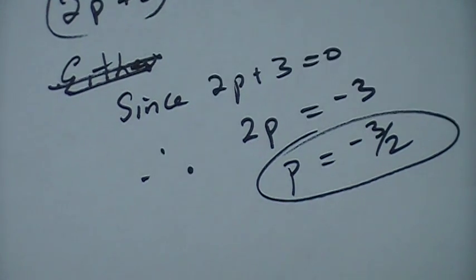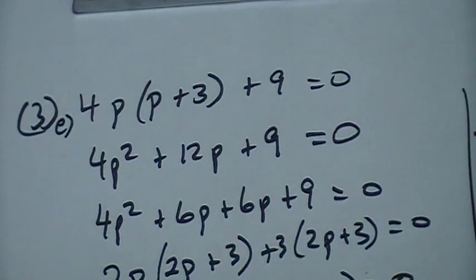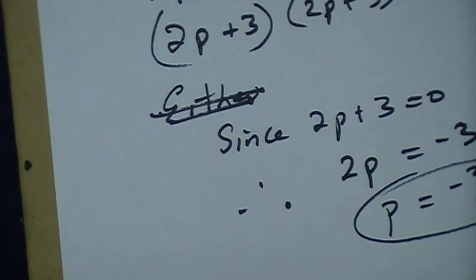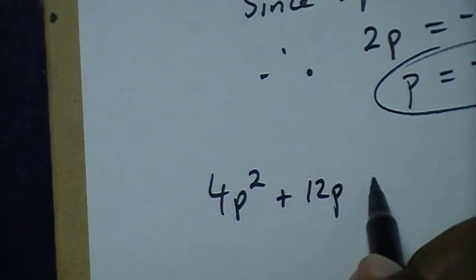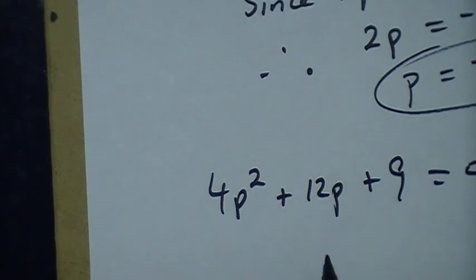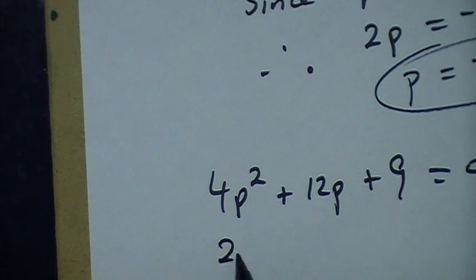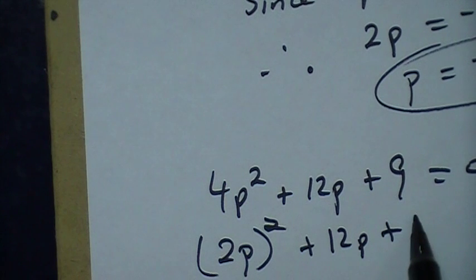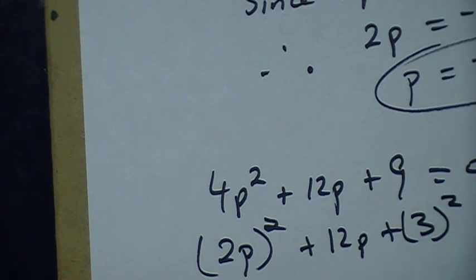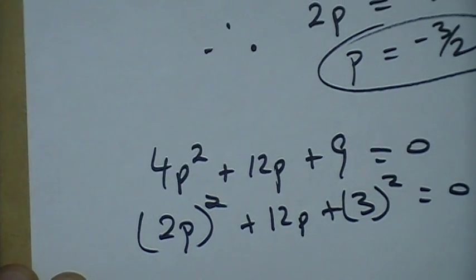So how could we have done it differently? Well, once we reach this step, we could have checked. Let's rewrite that. 4p squared plus 12p plus 9 equals 0. There's a square term which is 2p, all squared, plus 12p plus 3, this can be written as 3 squared. Notice if you multiply this times this, what do you get? You get 6p, and if you double 6p, you get 12p.